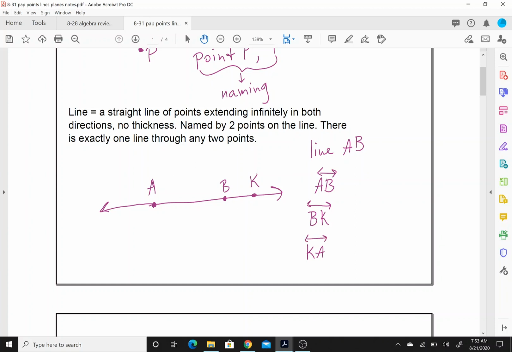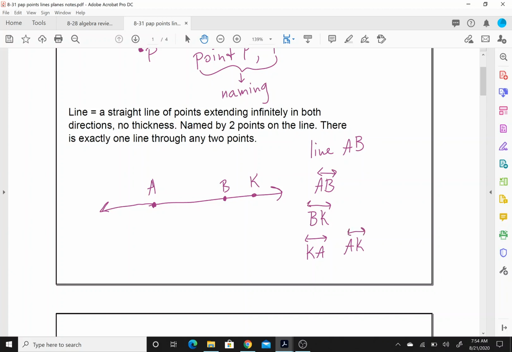When you're naming lines, the order of the points does not matter as long as you choose 2 points on that line. So that's why KA can work even though it's going from right to left. And an equivalent name for that would be AK.